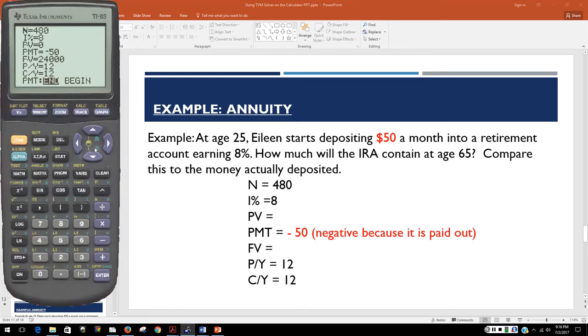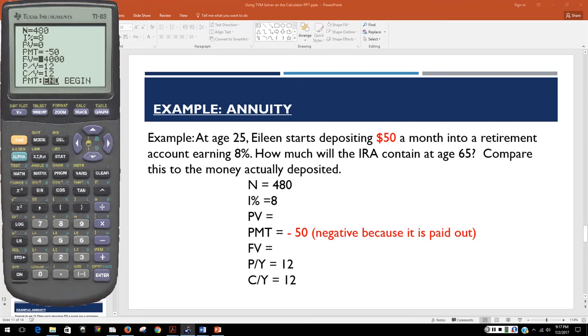And the next piece of information is her payment amount. She's depositing, in other words, she's having money go out from her person and into her account, so that's negative. She's depositing $50 a month into her retirement account, so we enter that as negative 50.